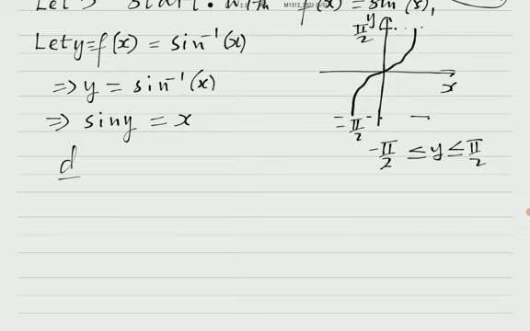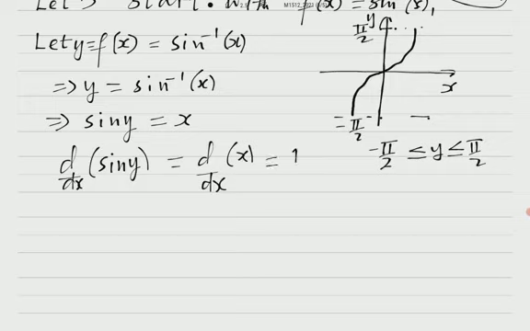So we have d dx on the left on sine of y, and on the right we have to do the same. D dx, the function on the right is just x, which will just give 1. But what happens on the left here?